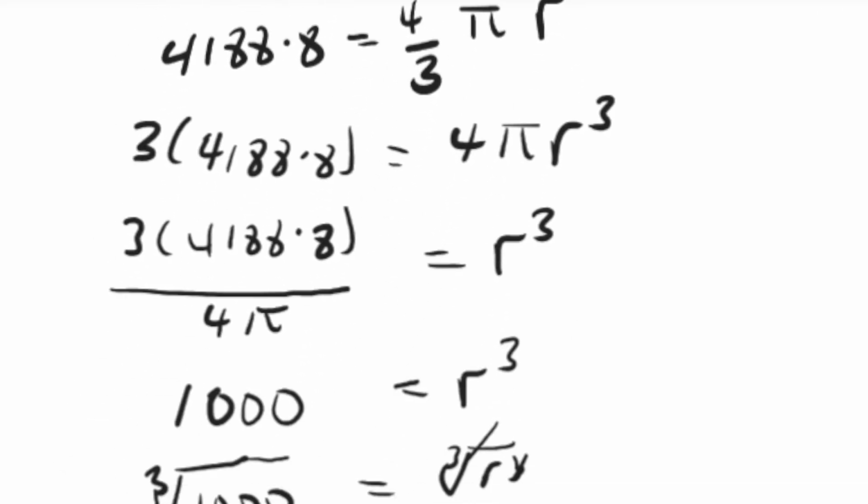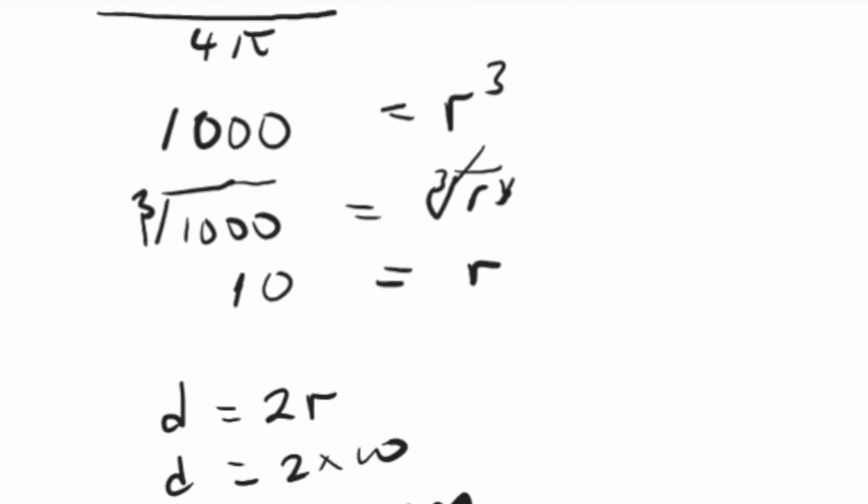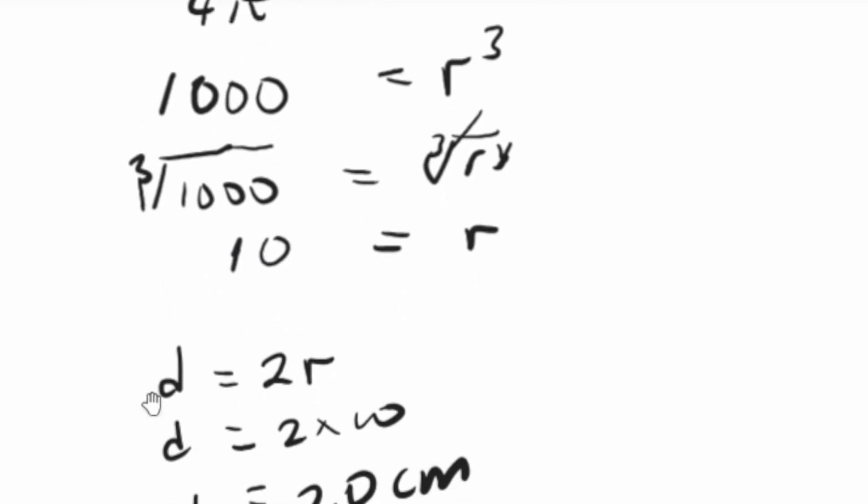Since the question wasn't asking for radius but diameter, we know that 2 times the radius is the diameter, so we get 20 centimeters. Let's see if we could do one more example.